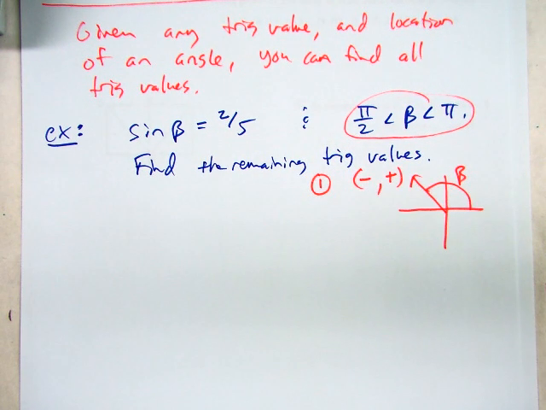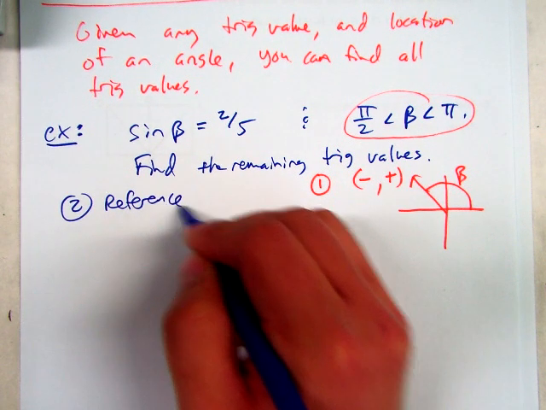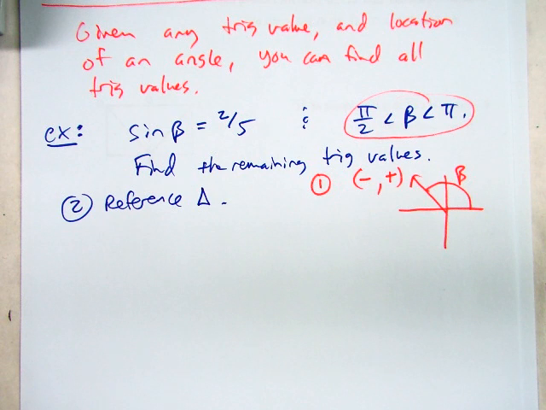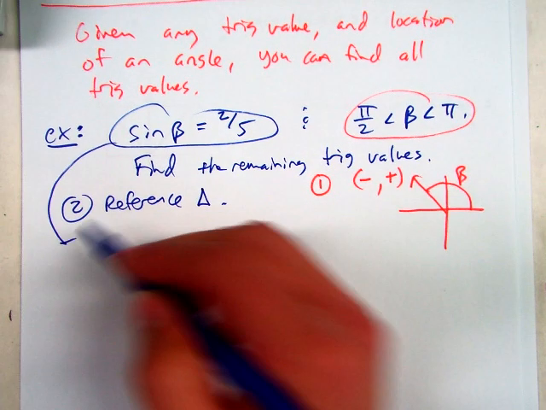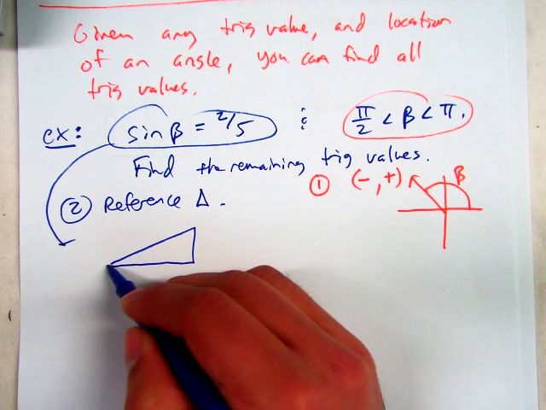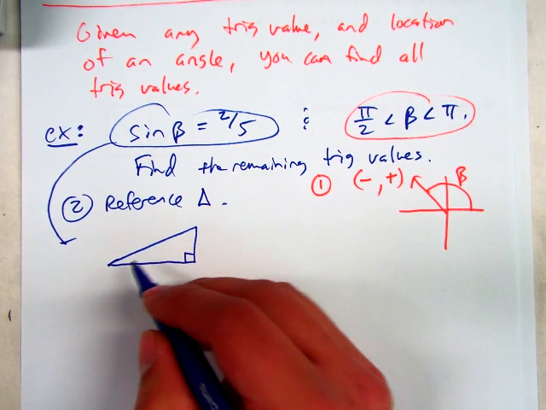Step two, I draw a reference triangle. And using what they gave you, I draw a right triangle. I put beta, doesn't really matter where, but usually I put it in the bottom left.